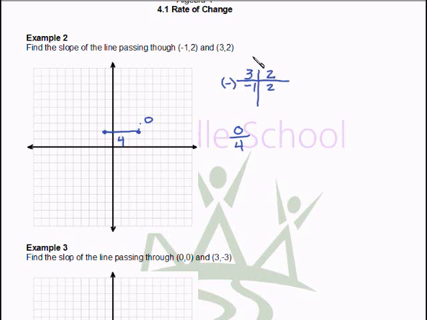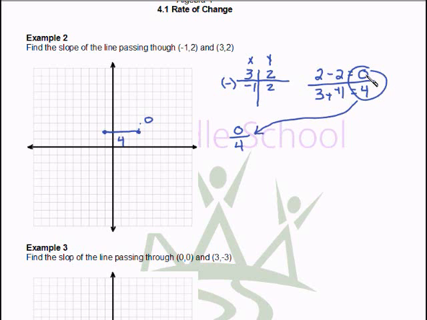These are my x's, these are my y's. I'm going to do my y's first, 2 minus 2, which equals 0. And then my x's, 3 minus a -1, which gives me 4. This matches, so I did it right.